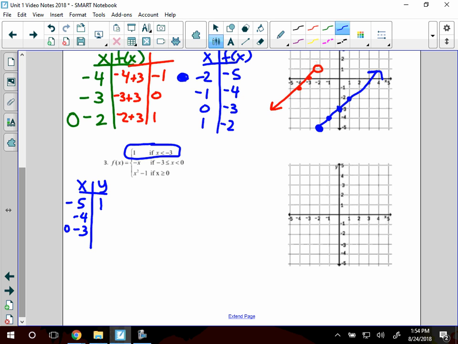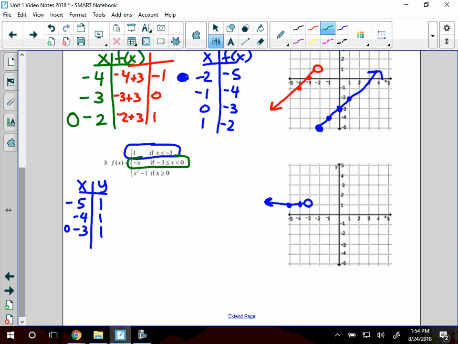That means my y value is always 1. There's no variable in there. The y value will just always be 1. So as I go to graph that, negative 5, 1, negative 4, 1, and at negative 3, 1, I'll have an open circle. And that's where my x values are less than negative 3, so we go to the left.